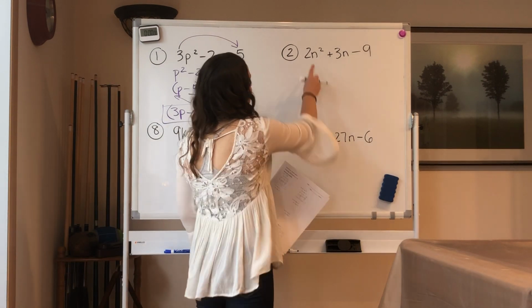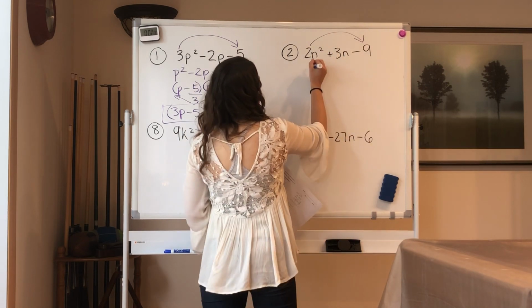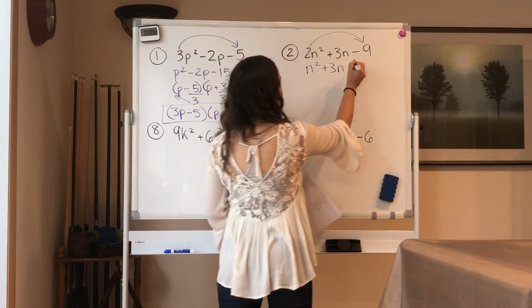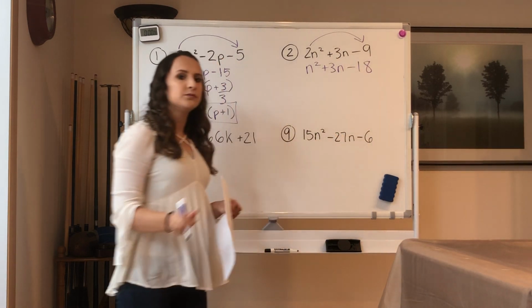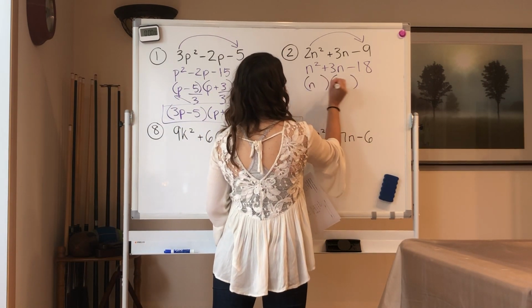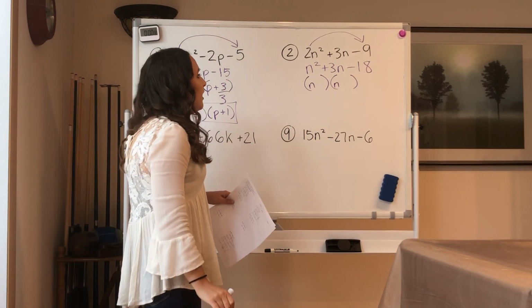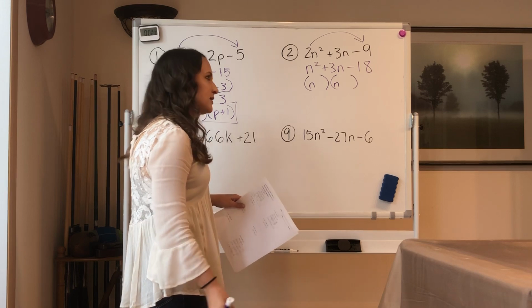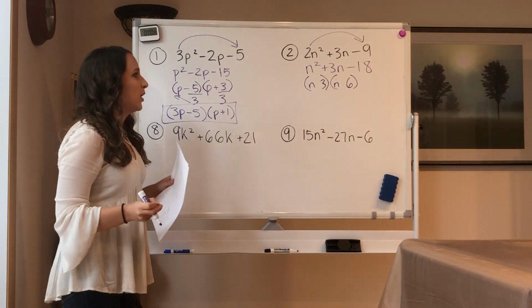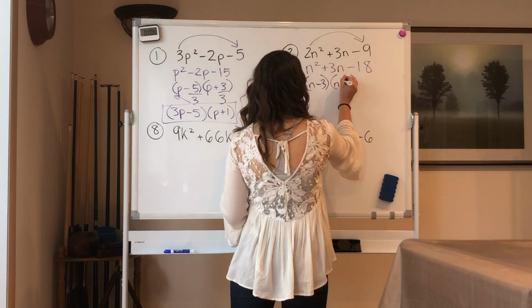Next, is there any GCF you can take out? No, so you're going to slide. n squared plus 3n minus 18, since 2 times negative 9 is negative 18. Now factor. What two numbers multiply to negative 18 and add to 3? 6 and 3, and the negative goes on the 3, so negative 3 and positive 6.